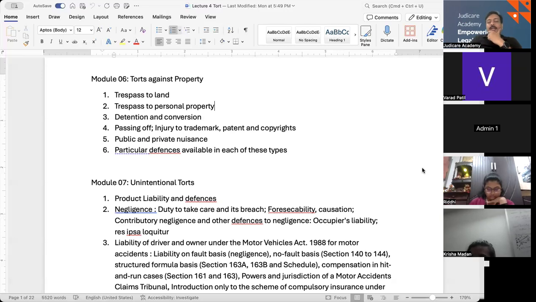So product liability refers to the legal responsibility that a manufacturer, distributor, or seller holds for injuries caused by defective products. This legal framework ensures consumers are protected from harm resulting from defective goods while holding businesses accountable for their products.